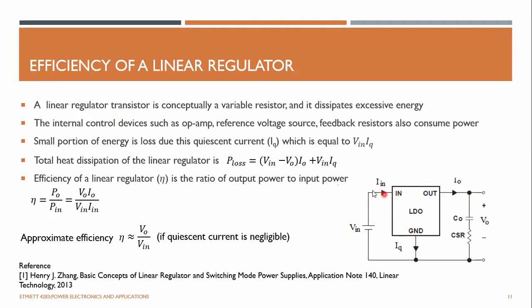Basically, following Kirchhoff's laws, whatever the input current is should equal the quiescent current plus your output current, right? Whatever current enters should equal the current that leaves. This plus this should equal the input current.